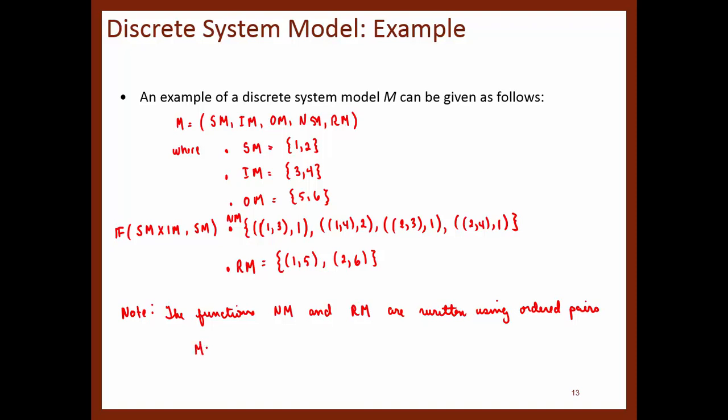So NM is represented as state, input, and then state, and RM is represented as state, output. Okay, so this is just a note to help you remember what this is representing.